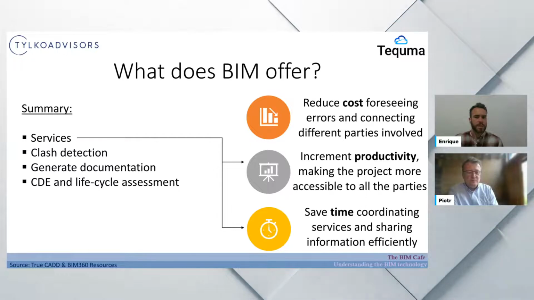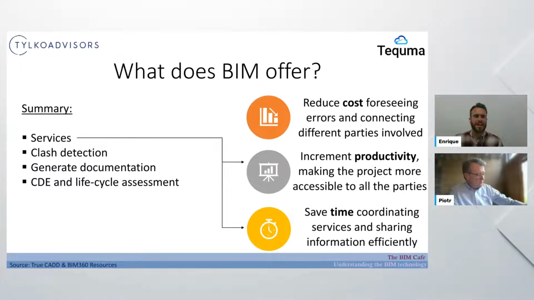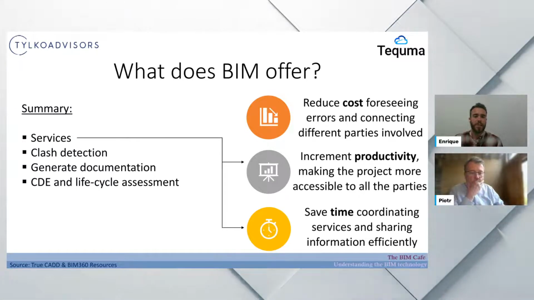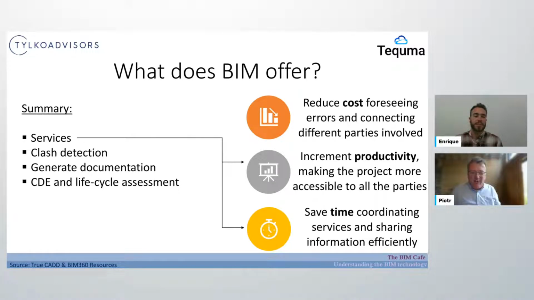I can show these numbers and reports in the next session because I read them recently. If I'm not mistaken, efficiency can go up to 60% during the construction phase, because you can see how many mistakes can be made on a large project when there are so many people coordinating between them. So you can get up to 60%.